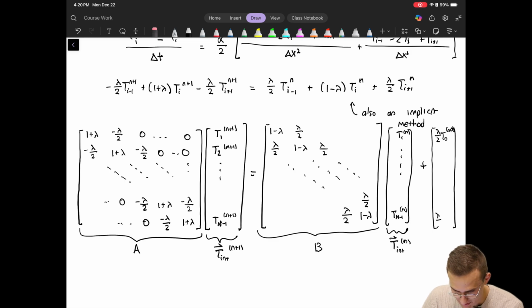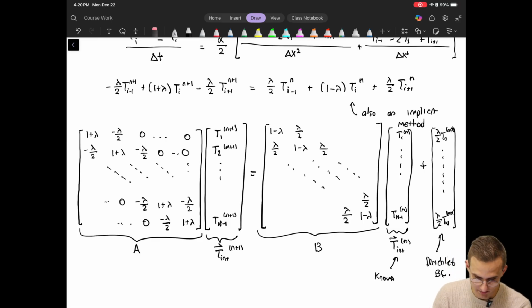But if you have a different type of boundary condition, which you'll explore in your homework, you put in different values and this extra vector looks different. Okay, so this is the Dirichlet boundary condition. And just to remind you, this whole vector is known at the current time step. You don't know the next time step.